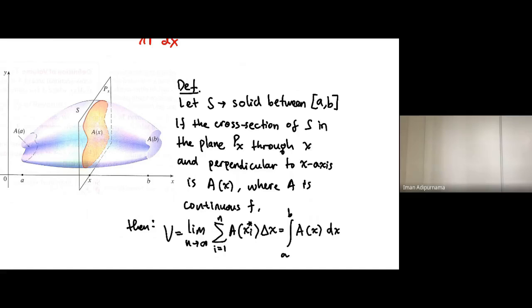So we are rotating through this point, so you can have that, and then you will have something like a donut, right?